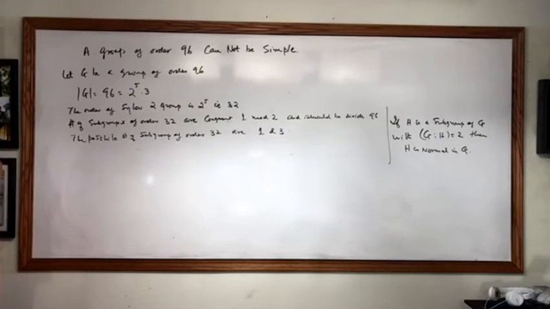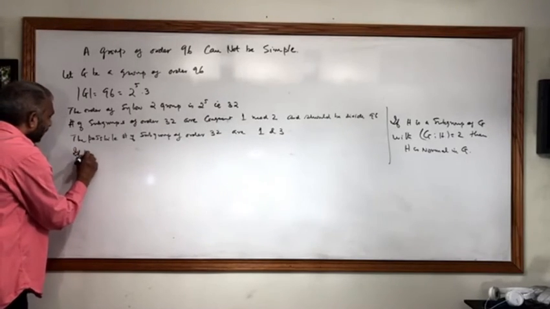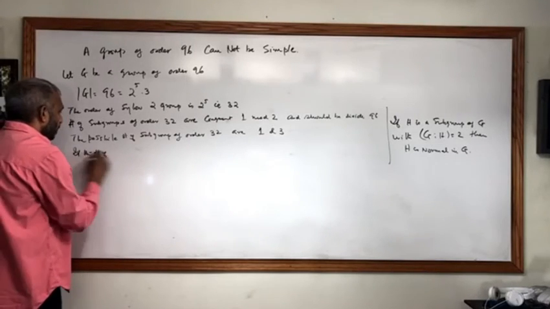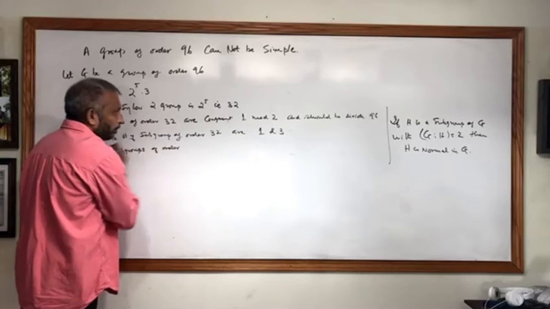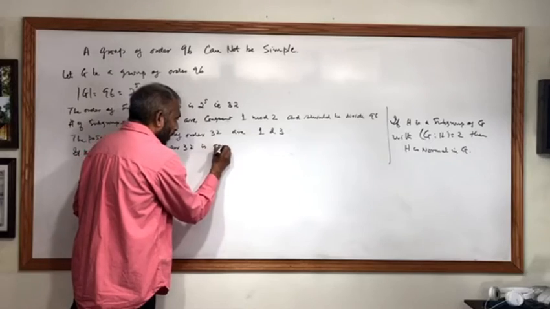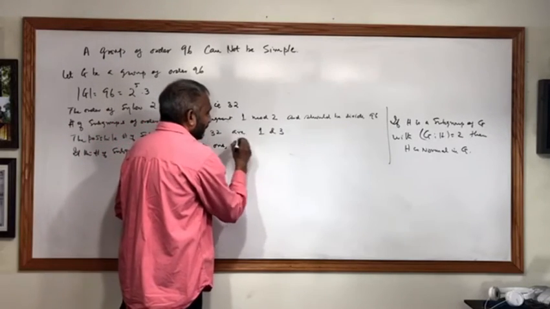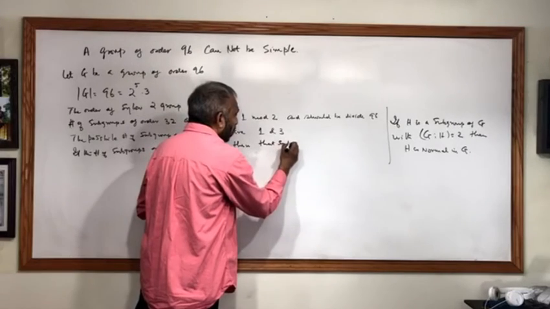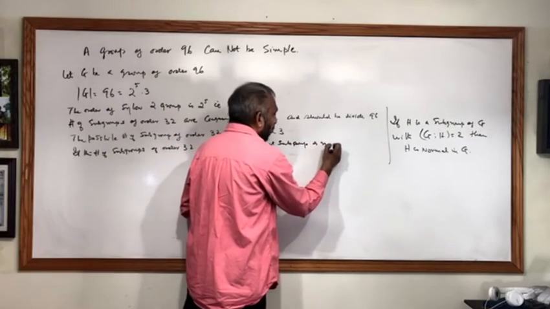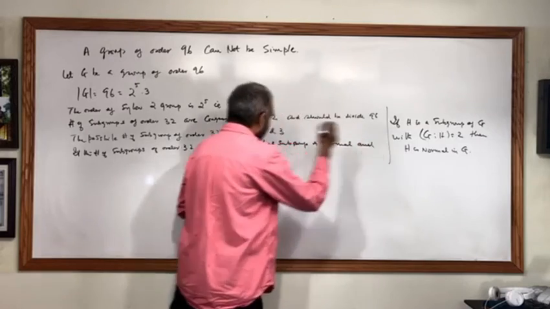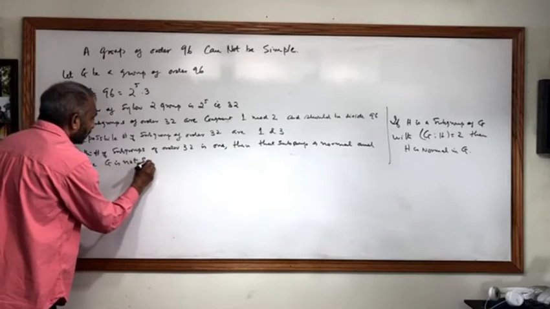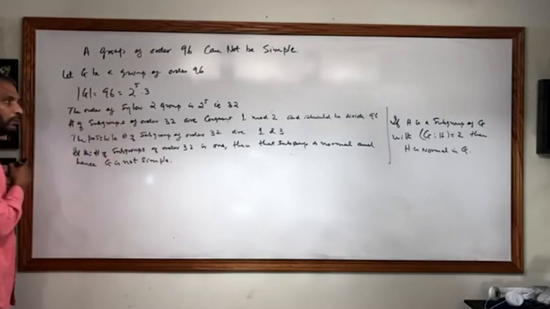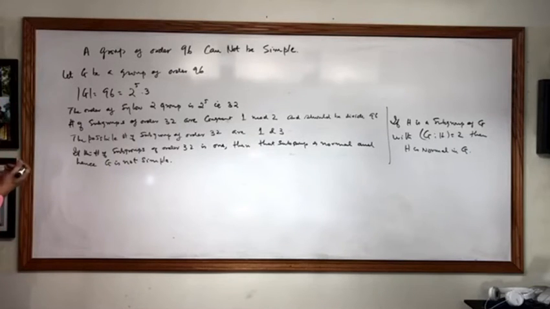Okay. If the number of subgroups of order 32 is 1, then that subgroup is normal and hence G is not simple, because there is a proper normal subgroup.